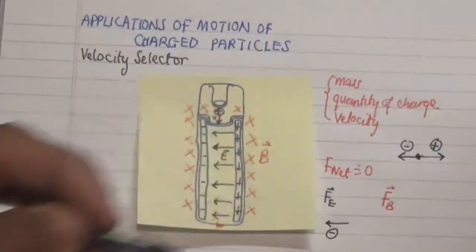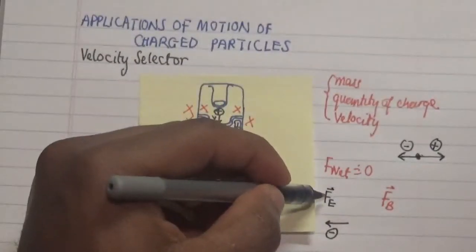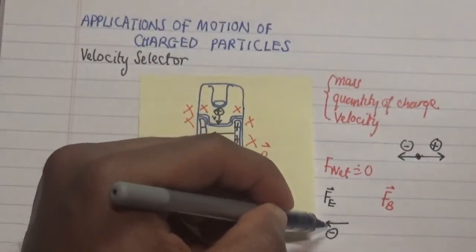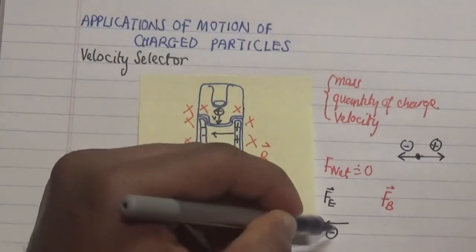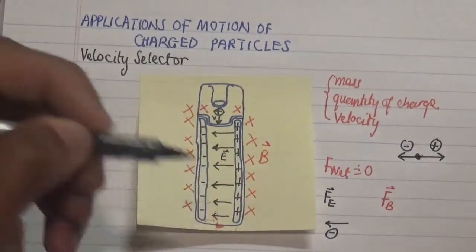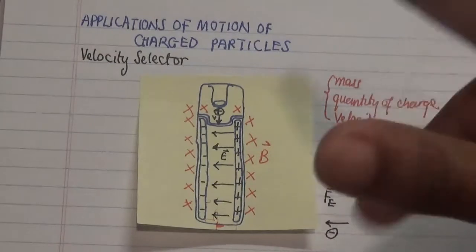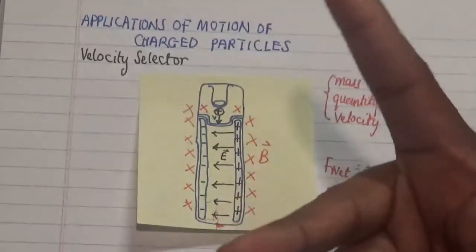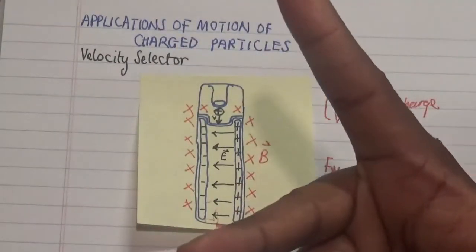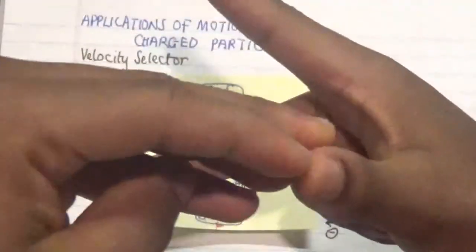So since force is a vector, our electrical force will point towards the left, the negative direction, while for the magnetic force, we can determine that using our right hand rule, where we position our right hand in such a way that this is our force, this is our velocity, and this is our magnetic field.